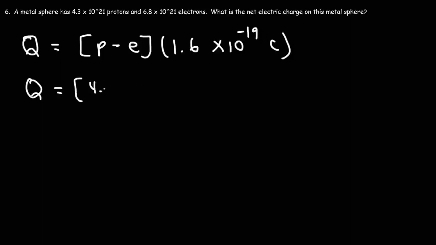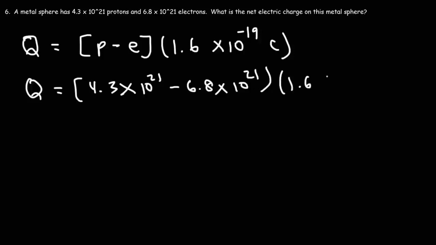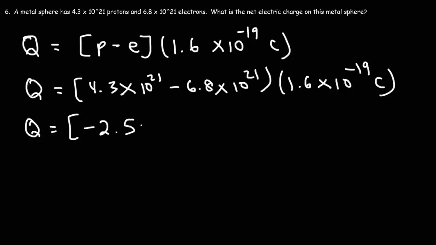So we have 4.3 times 10 to the 21 protons, and we have 6.8 times 10 to the 21 electrons. So 4.3 minus 6.8, that's a difference of negative 2.5. Because it's negative, that tells us that the overall charge will be negative, and so that means that we have more electrons than protons.